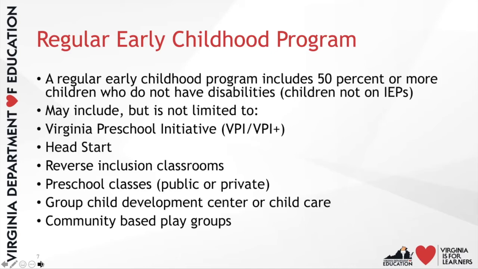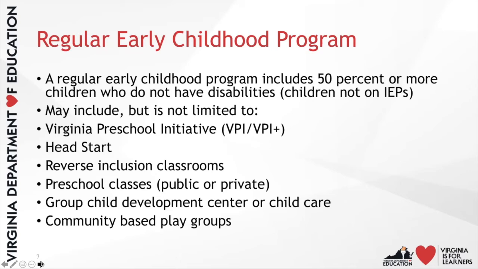Programs associated with this setting include, but are not limited to, programs in these categories: Virginia Preschool Initiative, or VPI, Head Start, reverse inclusion classrooms, preschool classes, both public and private, group child development center, or child care, and community-based play groups.